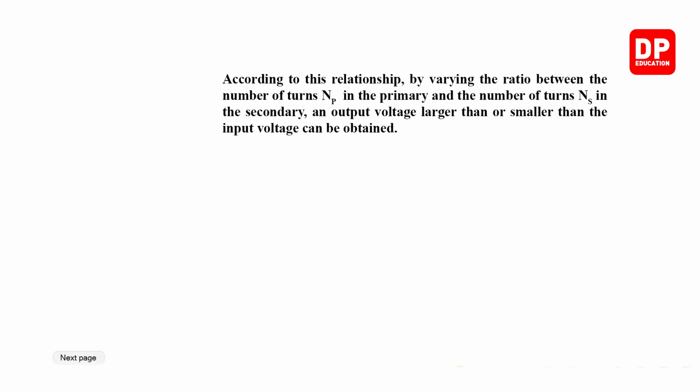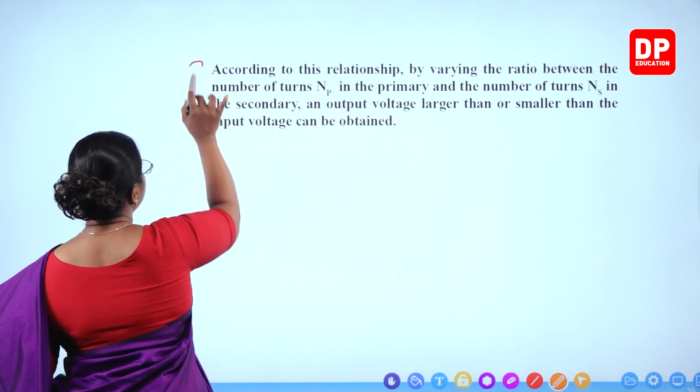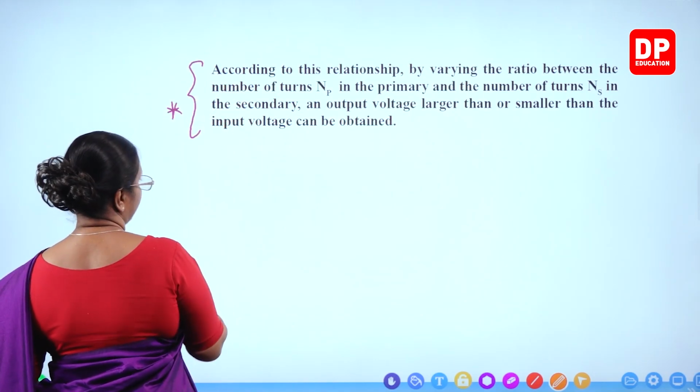According to this relationship, by varying the ratio between the number of turns Np in the primary and the number of turns Ns in the secondary, an output voltage larger than or smaller than the input voltage can be obtained. So that is how we get the step up and step down transformers.